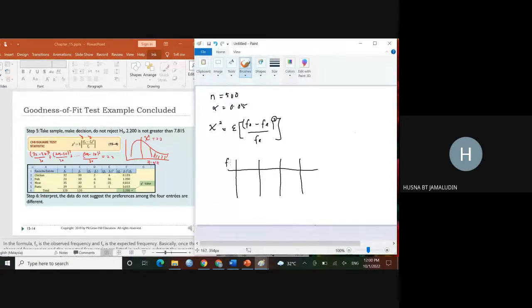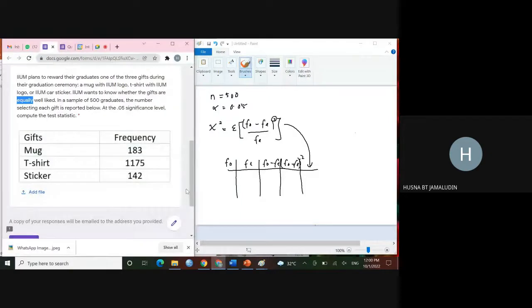So we have the observed frequency and then the expected frequency, so that you can see clearly, and then observed minus expected, and then squared, and the final one, which is applying this formula. You don't really have to do this, but that's fine. Let's just put it this way.